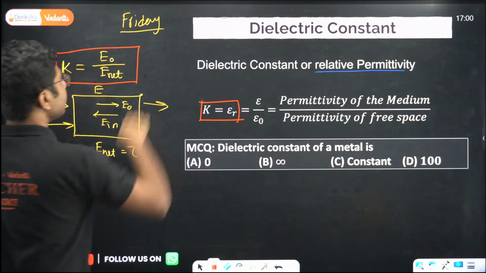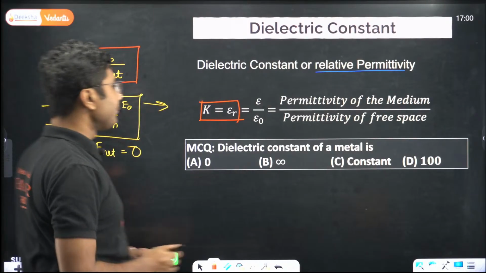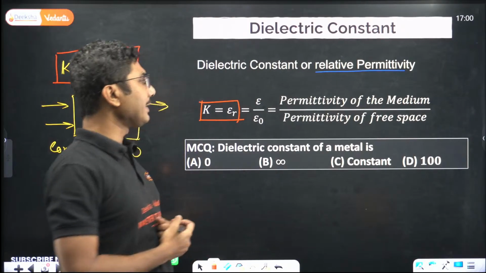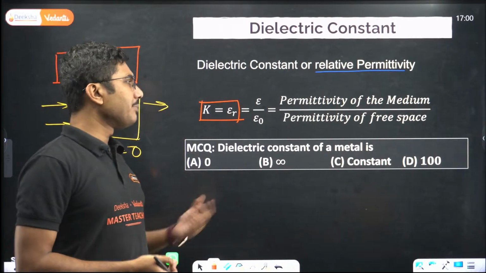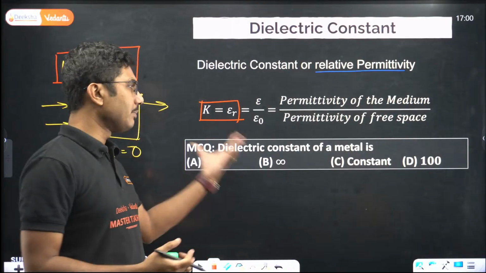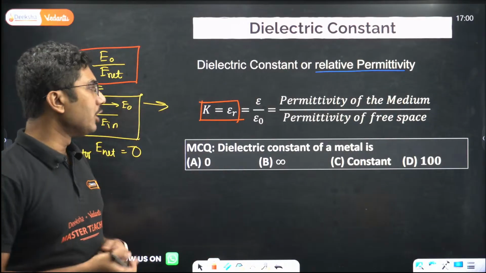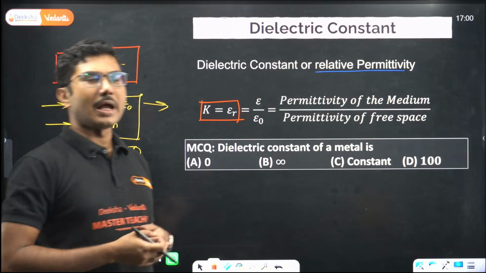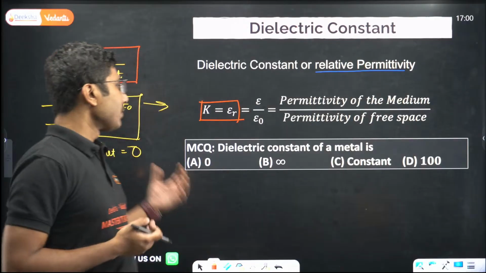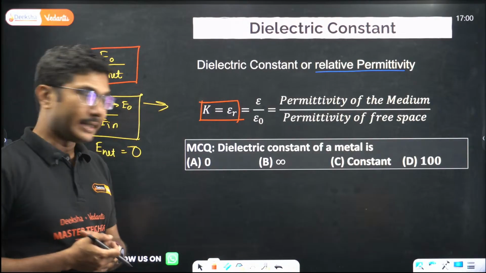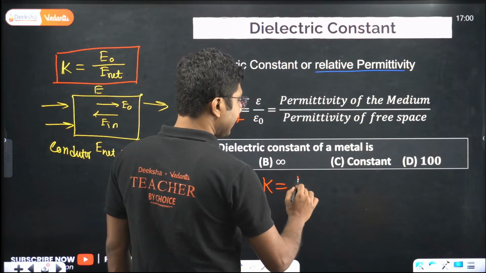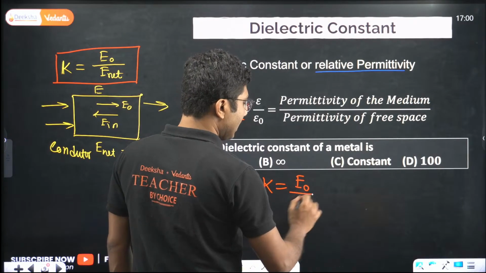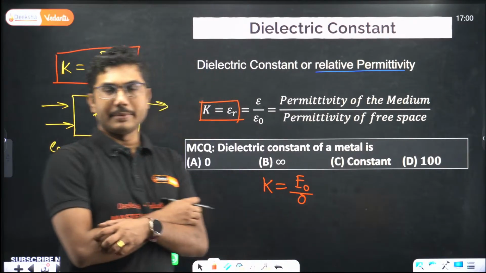Now, if you see an MCQ question on the dielectric constant of a metal or a conductor, or the relative permittivity of a metal or a conductor, this is a board level question, very popular, especially for your midterm and beyond. So what is the dielectric constant of a metal? If you apply an external electric field, the net electric field inside the metal will be 0.